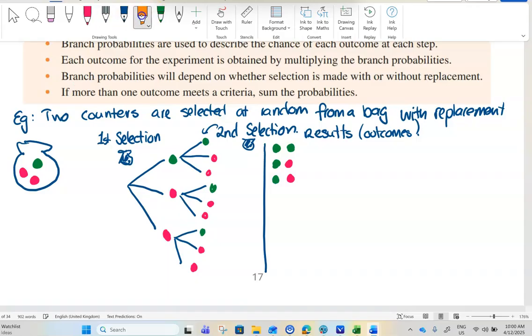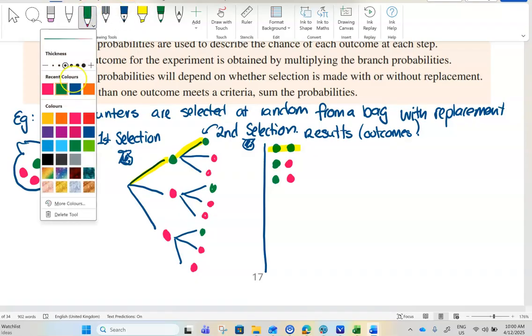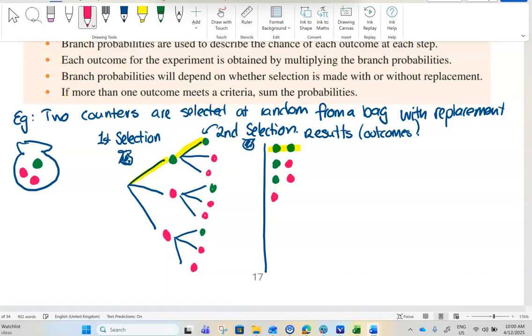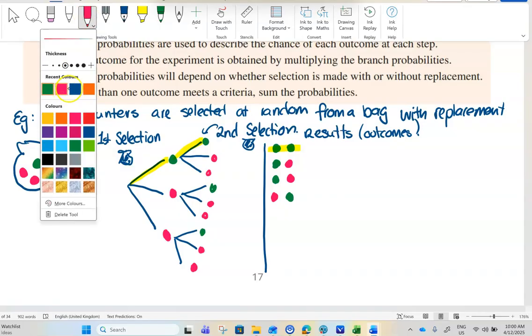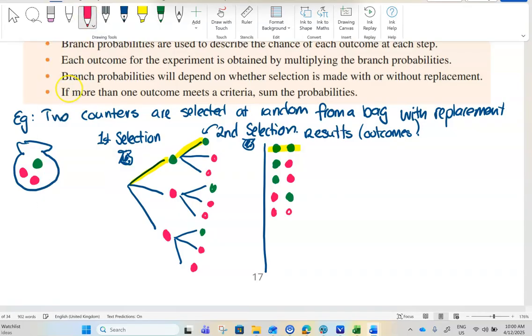That was me following that path. Then we keep going down. We still had other options. What if I got the pink one first and then the green one? Or I could have got pink and pink, and pink and pink.